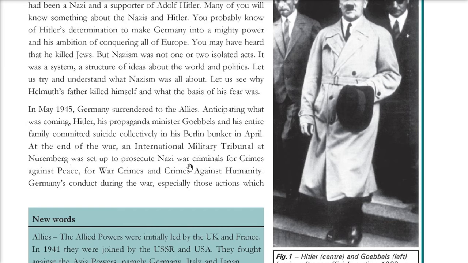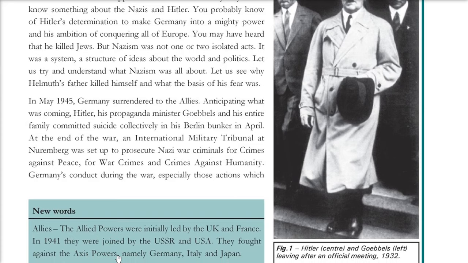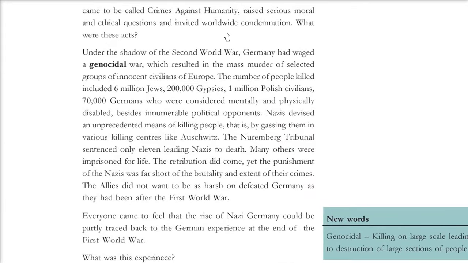It was set up to prosecute the Nazis after the war for war crimes and crimes against humanity. Those actions of Germany, the Axis power, were called crimes against humanity.